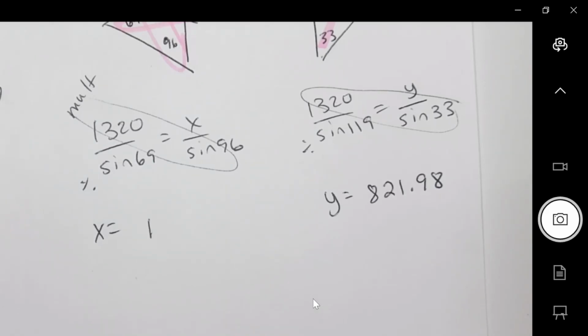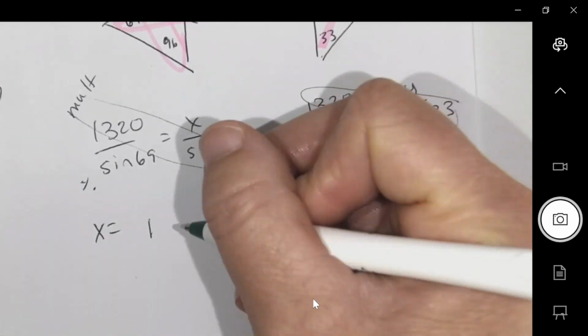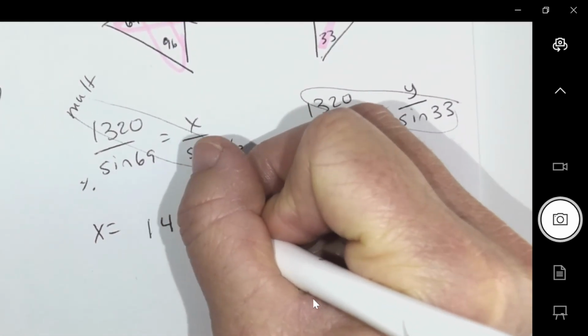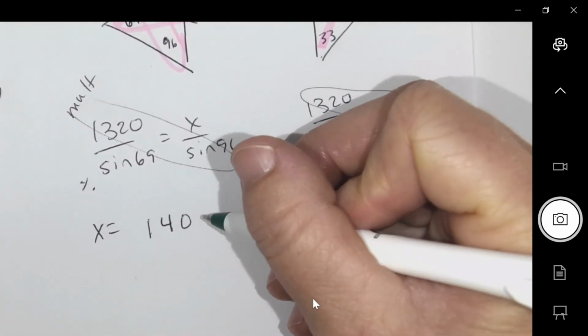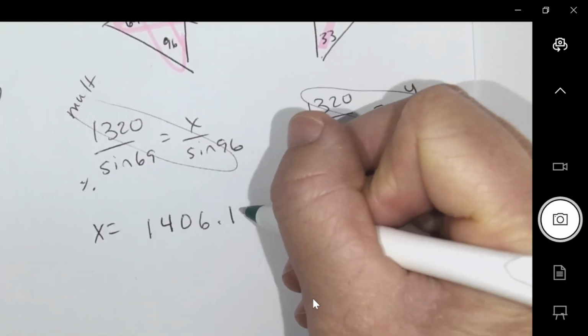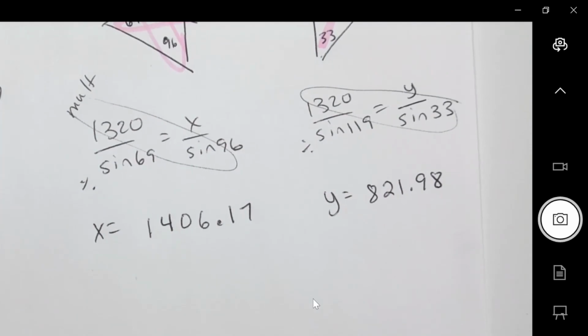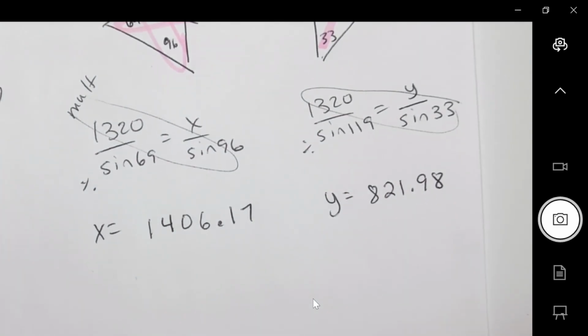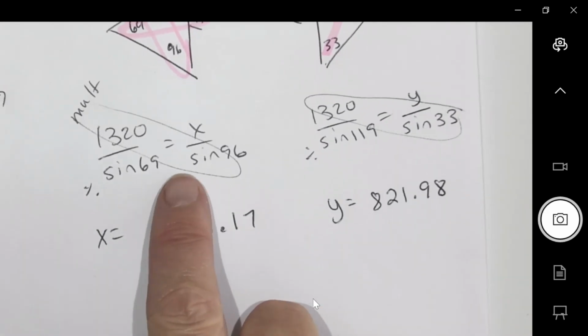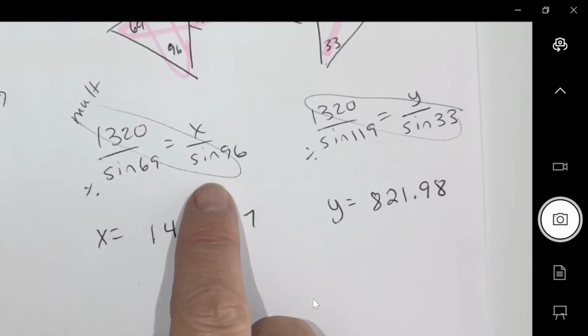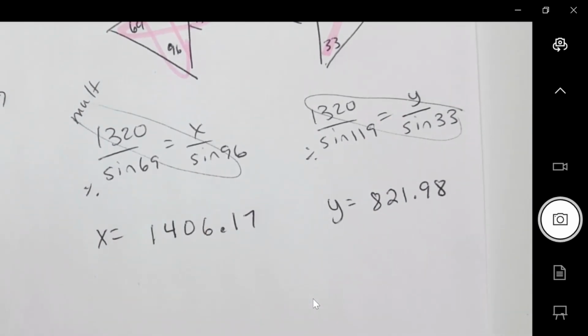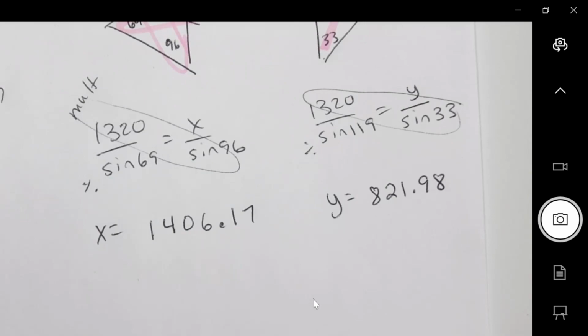I got 1,4 something. Did you redo it and it came out? Are you confusing the 96 and 69? Because that's where I feel like somebody could type in those numbers backwards.